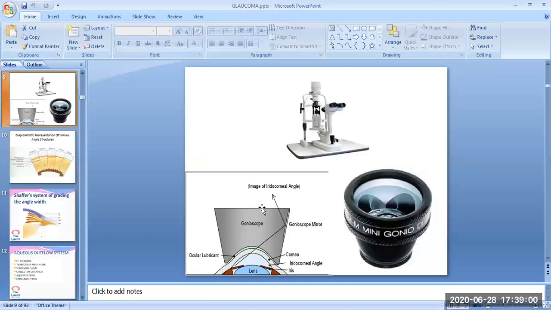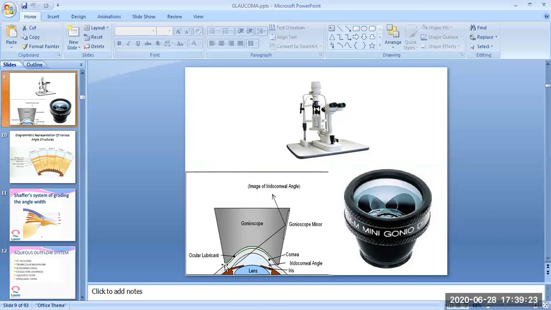This is gonioscopic examination. How will we do the gonioscopic examination? This is a gonioscope, and here the mirrors are placed over this. This is how we will be able to see the iridocorneal angle.